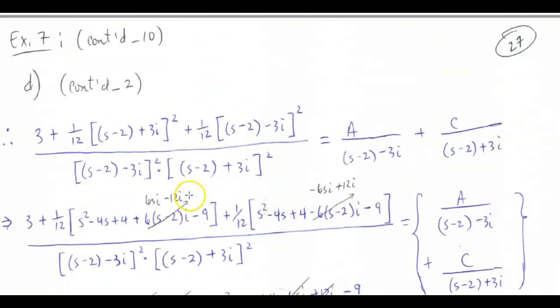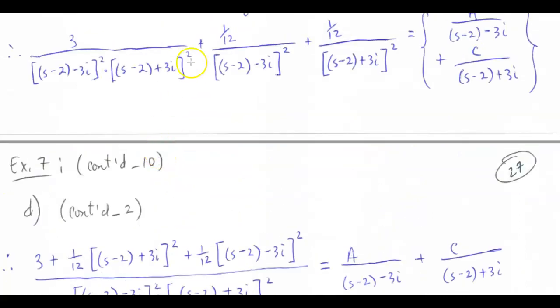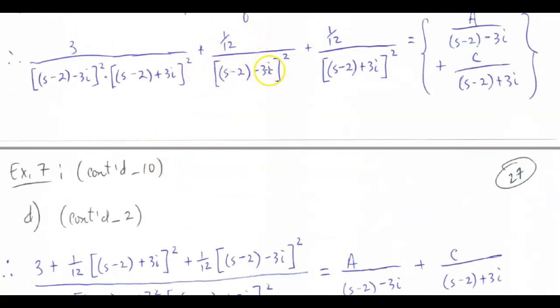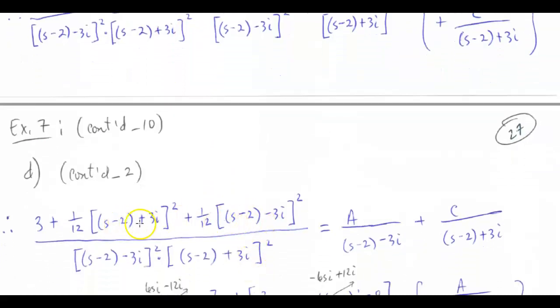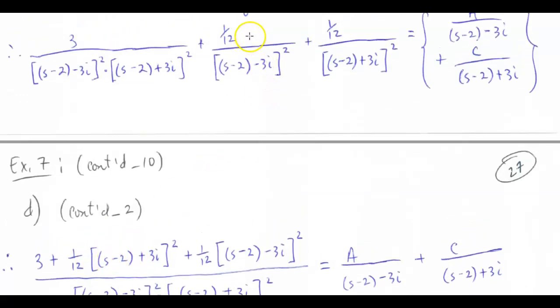So we go ahead and take whatever it is that we're missing for both of these terms here. So for this term, it is missing the s minus 2 plus 3i quantity squared. So if you notice here, that's what I put in the numerator for here.